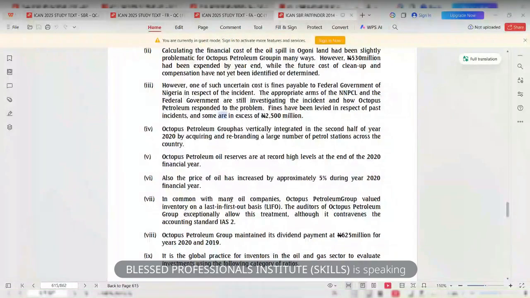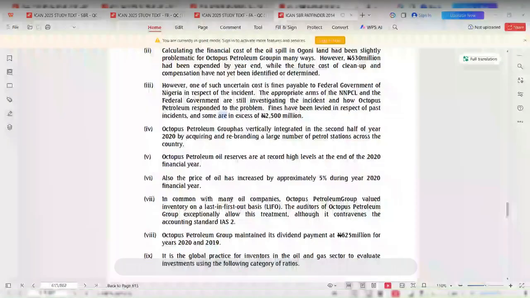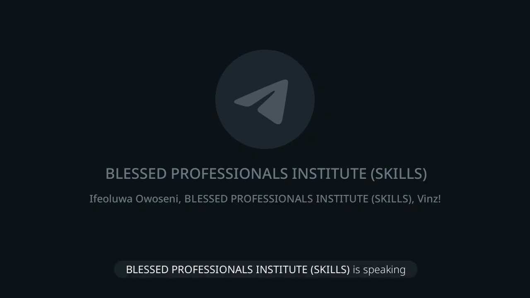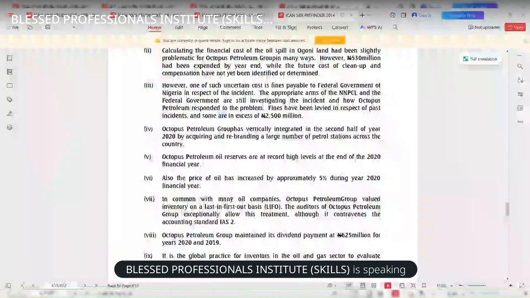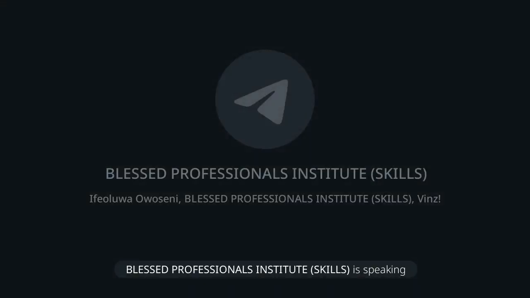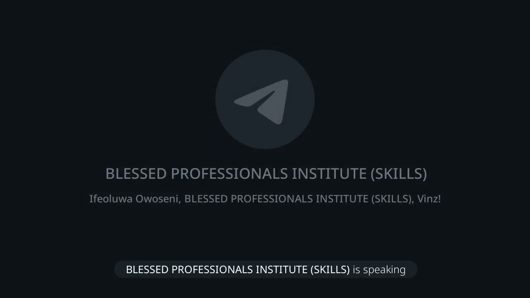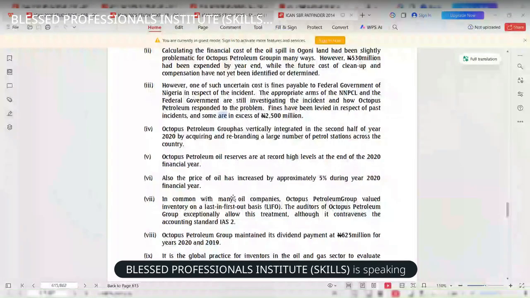It shows the relationship between the profit before interest and tax and then the capital employed. For Octopus PLC it actually increased from 21.53% to 34.31% in 2019 and 2020 respectively. This increment is as a result of the acquisition.